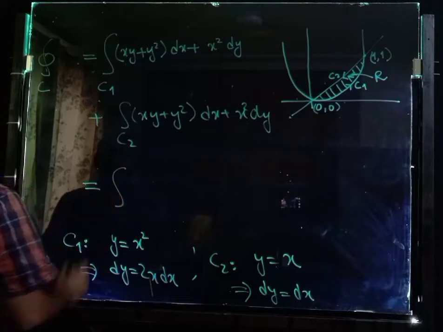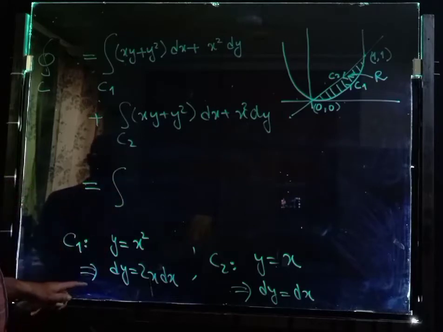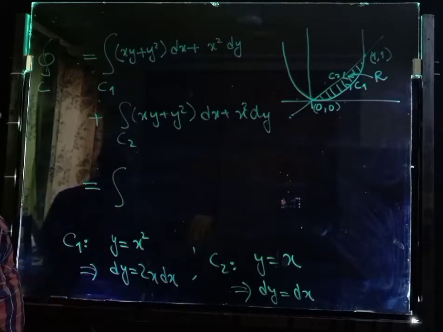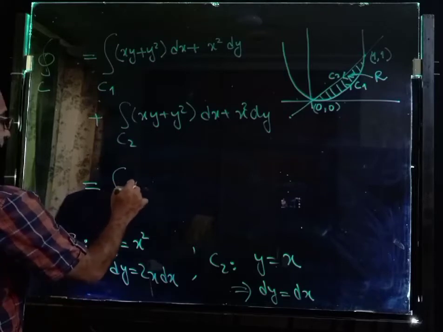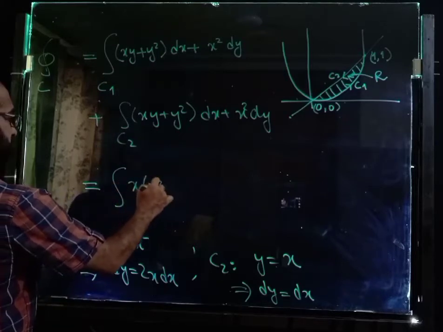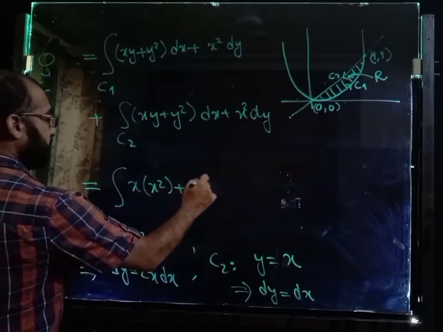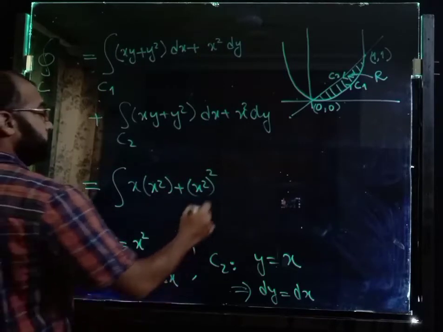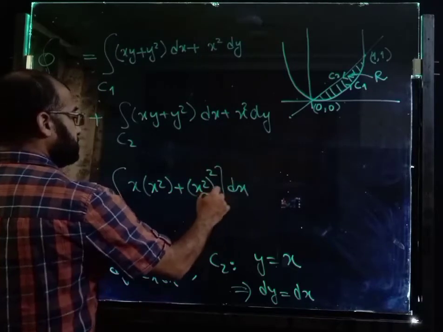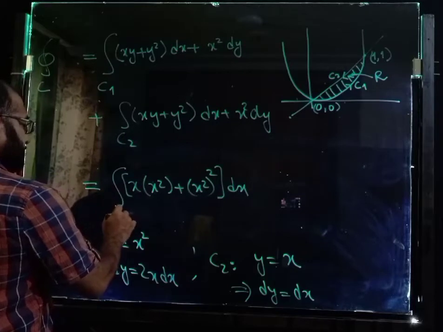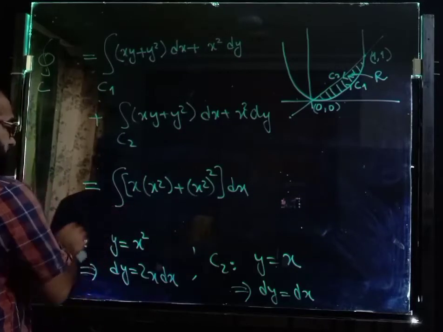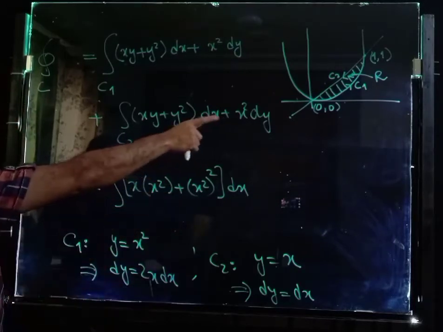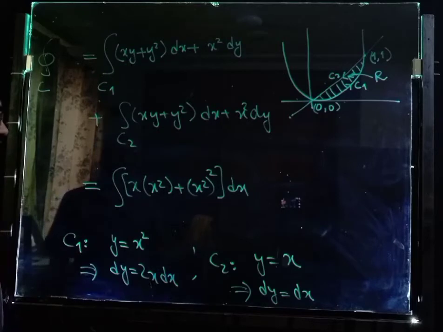So what is y? y is x square, so x square whole square, and dx. And the range of C1 is from 0 to 1.